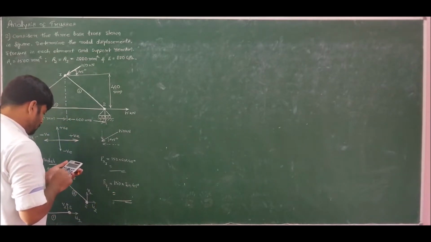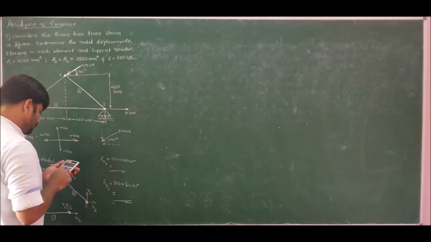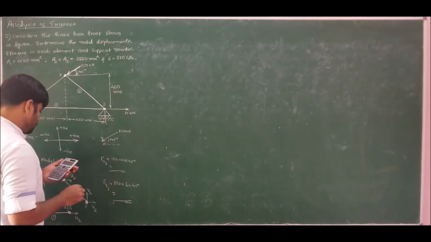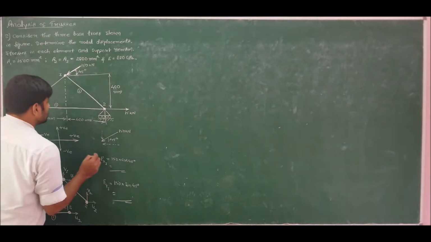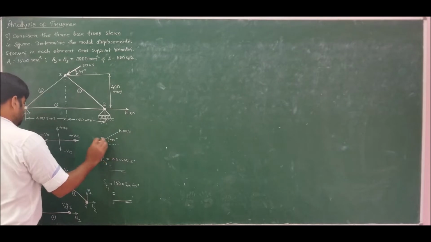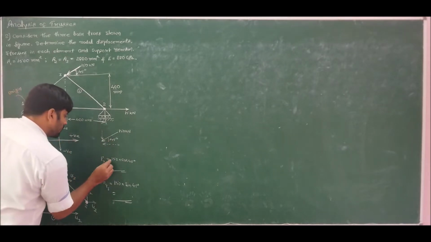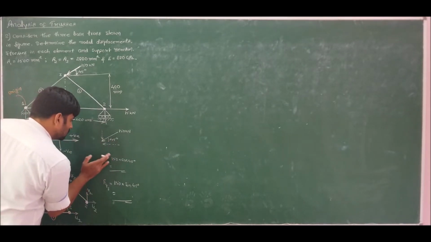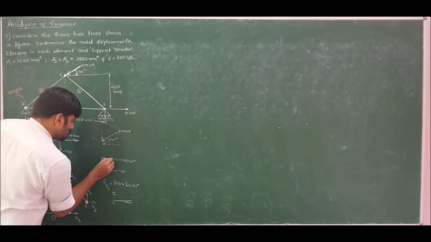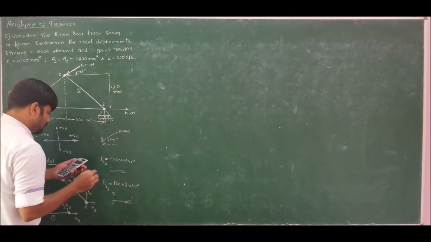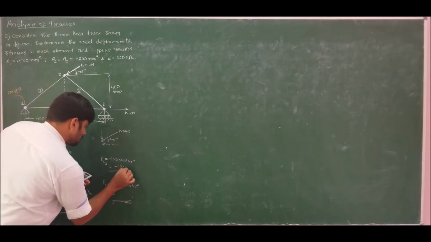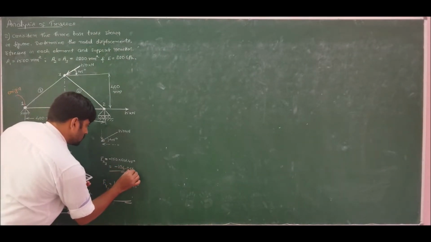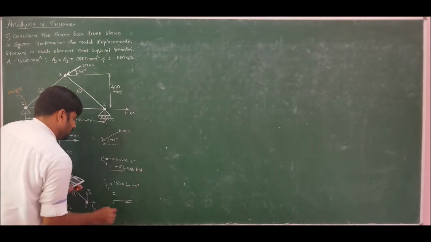Which is nothing but 150 into cos of 45, which is 106.066. Since the direction is in negative x direction, this is minus, hence we will get the answer as minus 106.066 kilonewtons.